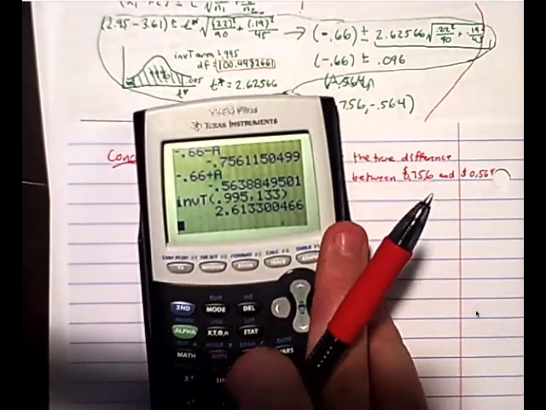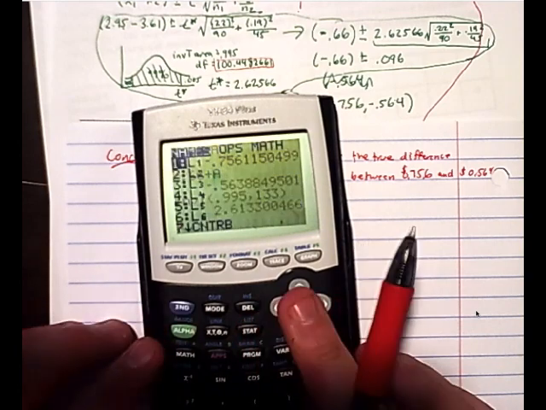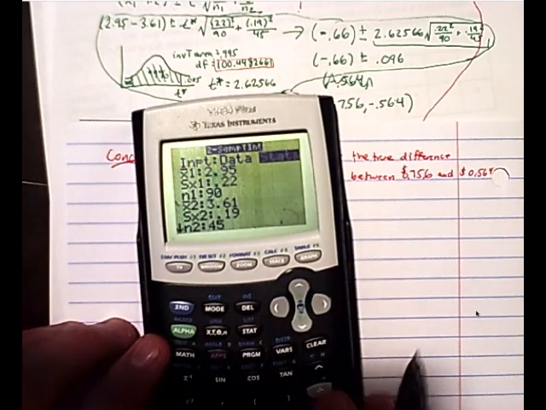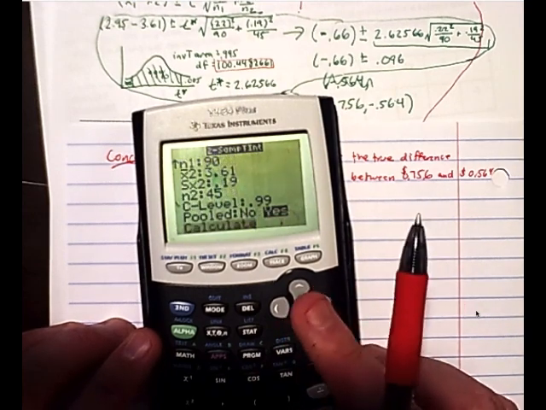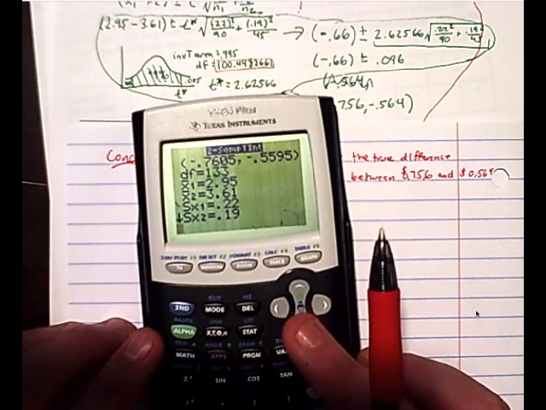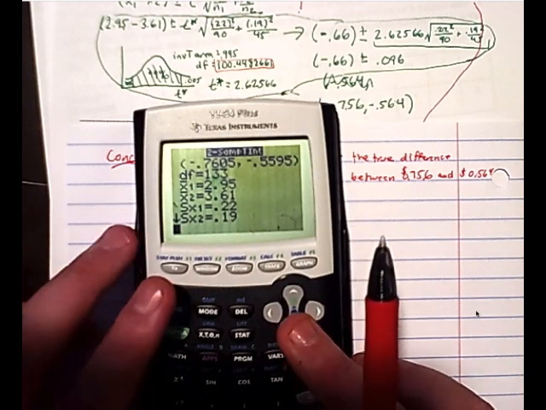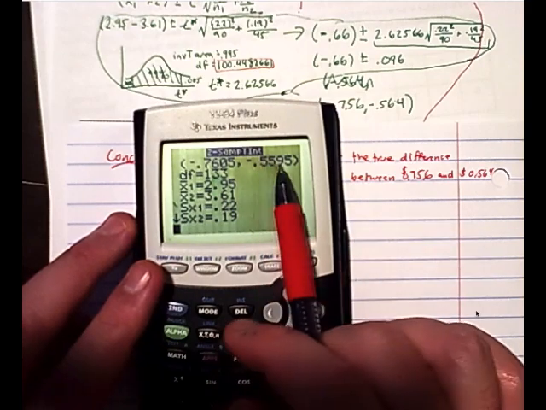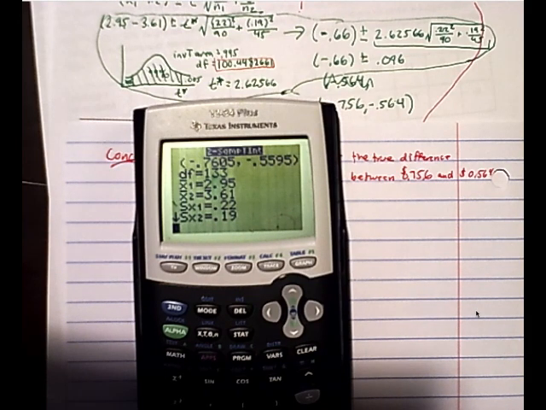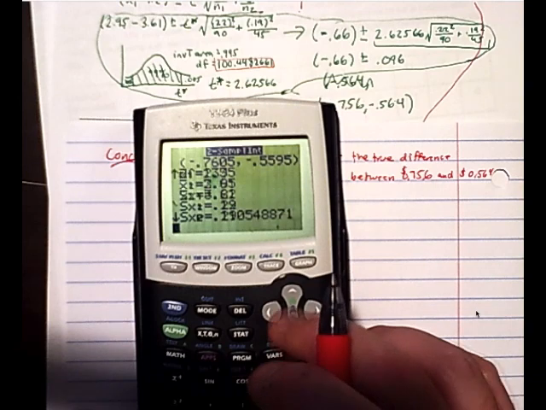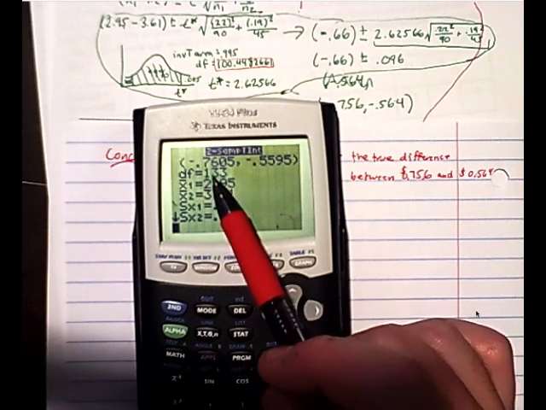So it would have made the numbers slightly different, and if you ran it on your calculator and chose pooled yes and calculate, as you can see here, the numbers are slightly different. Degrees of freedom is 133 rather than the weird decimal.